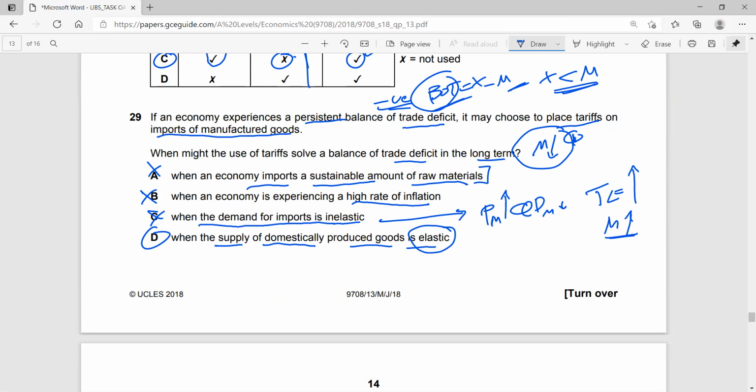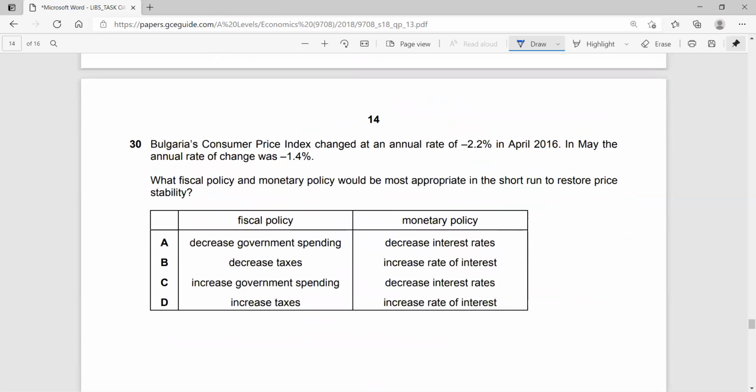Also, if this particular supply is elastic, then if you make your imports more pricey, domestic producers can also afford to increase prices by a little bit. And since it's more elastic, the quantity supplied would increase by much more. So they can very easily satisfy the local demand instead of your imports.